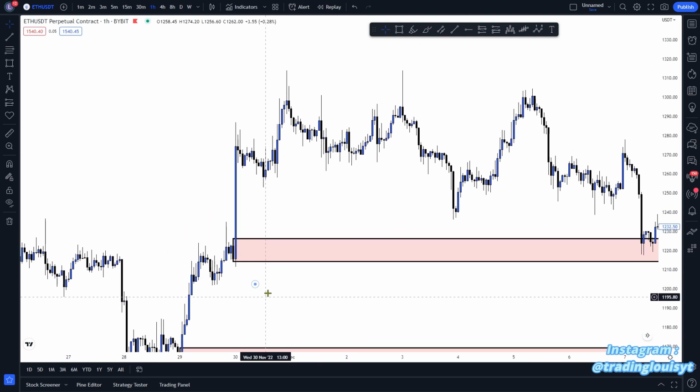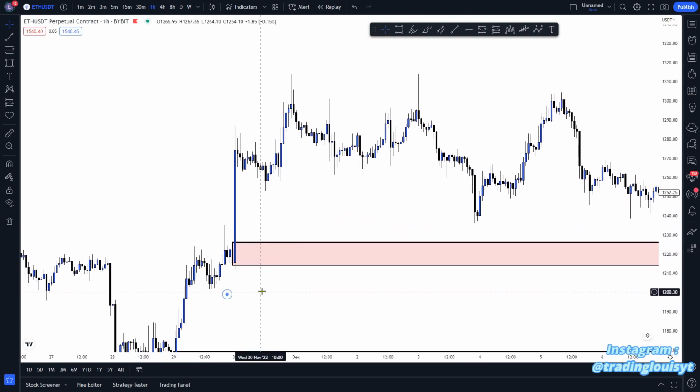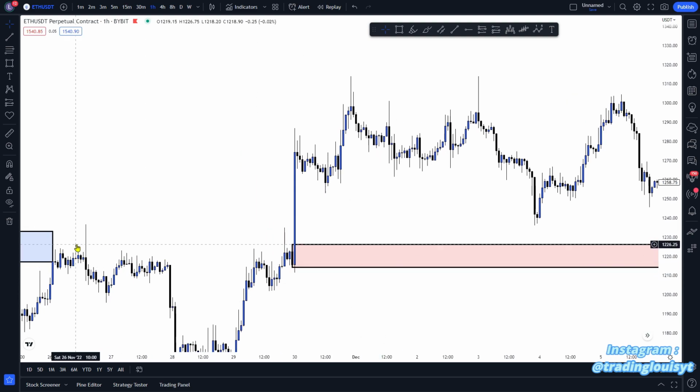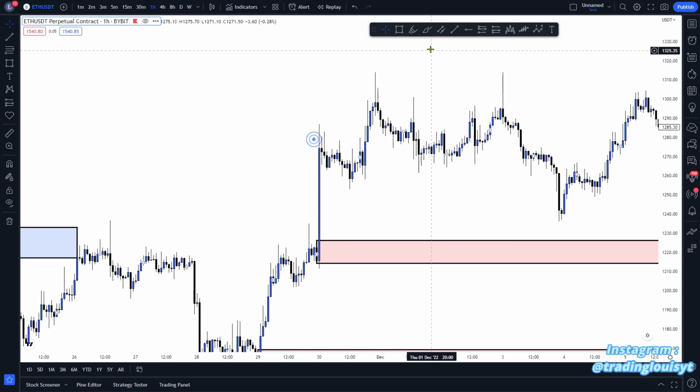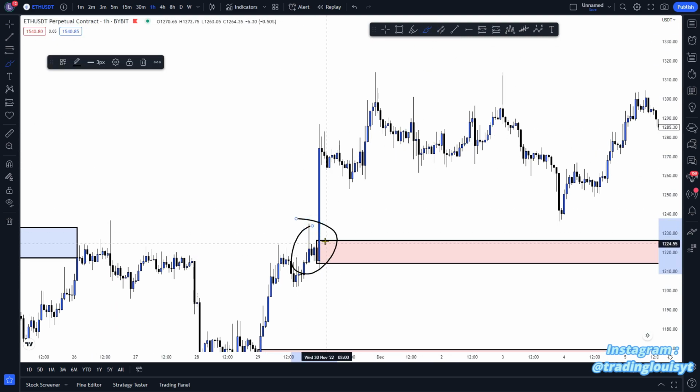So if we look right here, somebody has put an order in. So let's say Elon Musk has just bought 100 million worth of Ethereum. What is going to happen is the price is going to pump up rapidly to the upside. The price is now going to pump up to the upside.